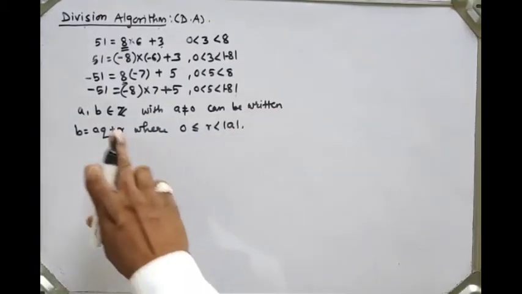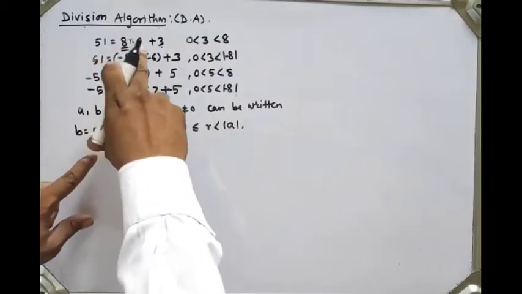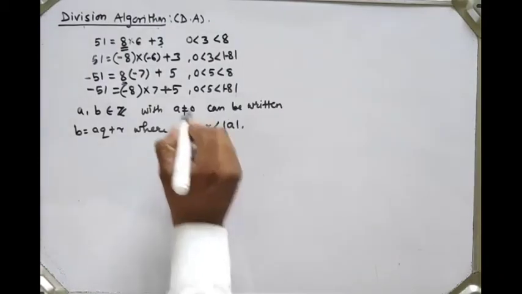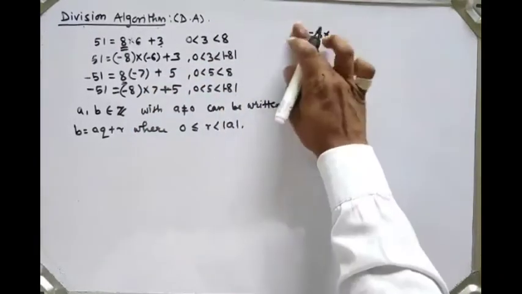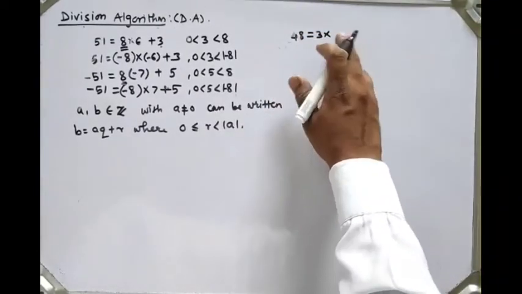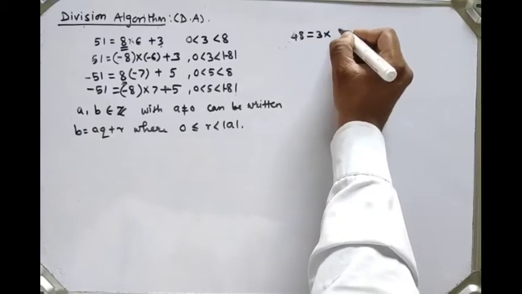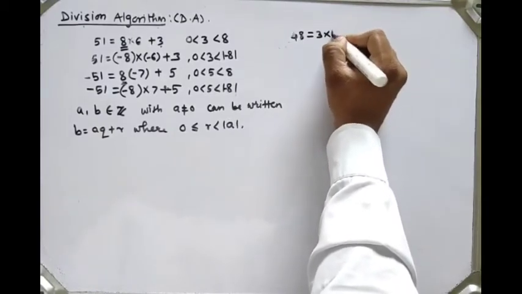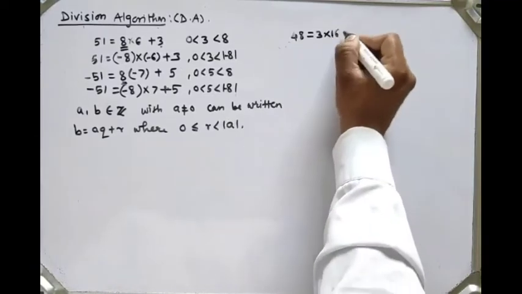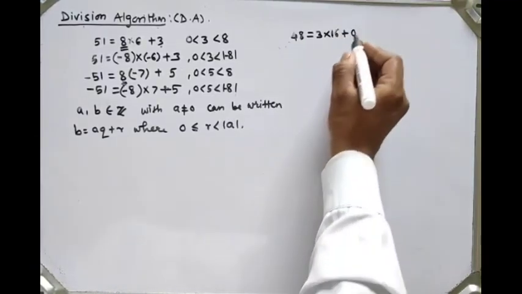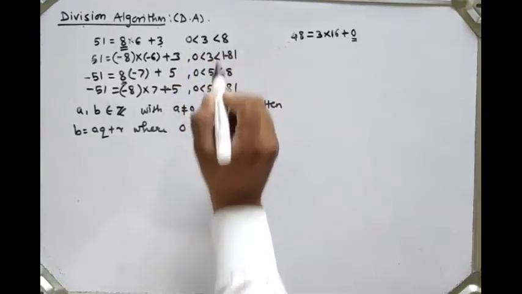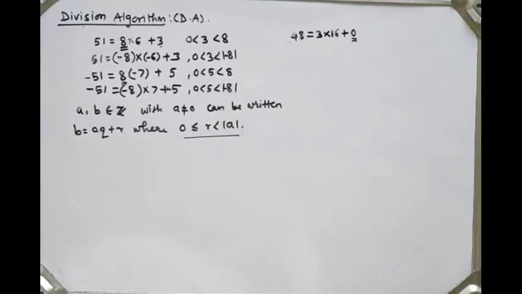The remainder may be 0. Suppose 48 is divided by 3, then the quotient will be 16, so 3 into 16 plus remainder 0. Remainder 0 means 0 is less than or equal to r, less than mod a. So this is the equation.